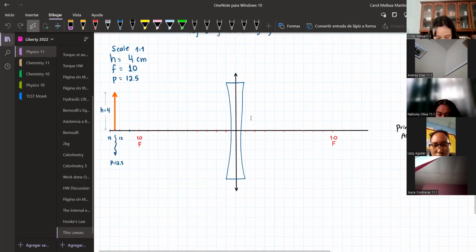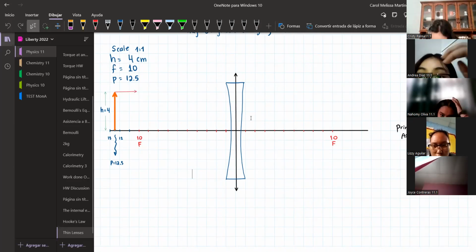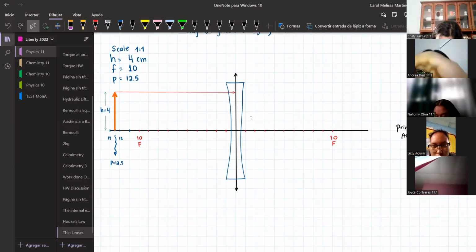So we do the first ray over here. Over there. Luego, you're going to project it until it touches... así no era.